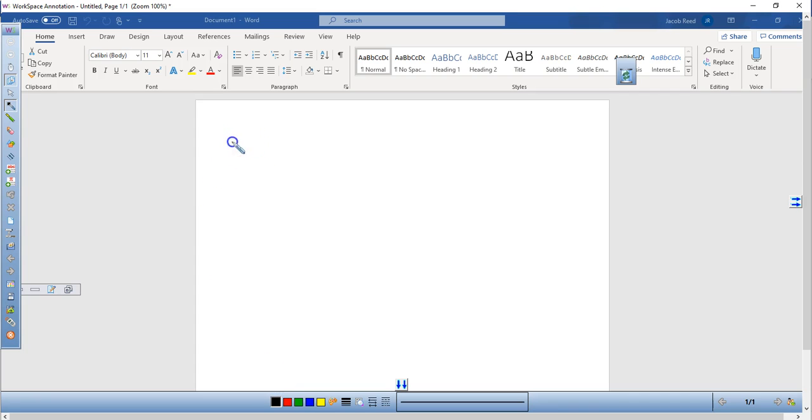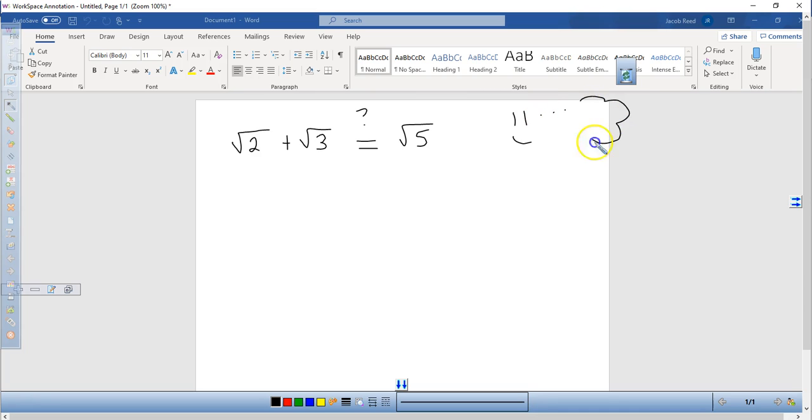If I were to ask you to perform this operation right here, would it be acceptable to say that the square root of 2 plus the square root of 3 is equal to the square root of 5? So is that allowed?